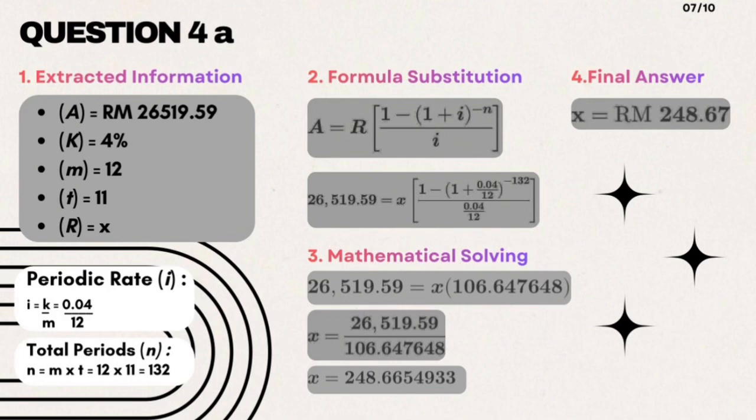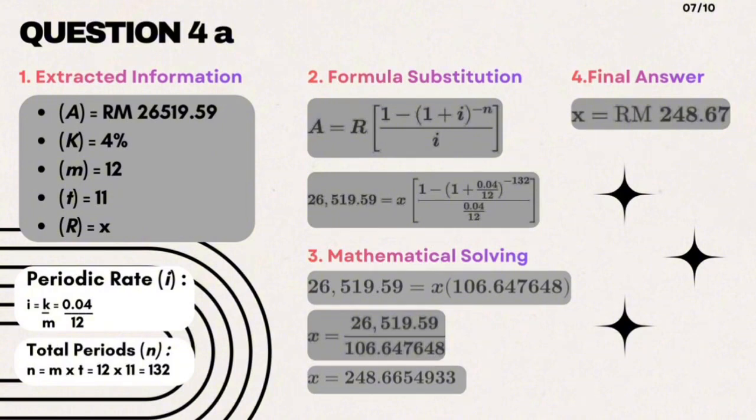Next, we move to formula substitution. Since this is a regular withdrawal from a funded account, we use the present value of an ordinary annuity formula, as shown right here. Substituting our extracted values into the formula gives us this. For the mathematical solving phase, we carefully calculate the entire expression inside the large bracket using our calculator. This simplifies the equation.